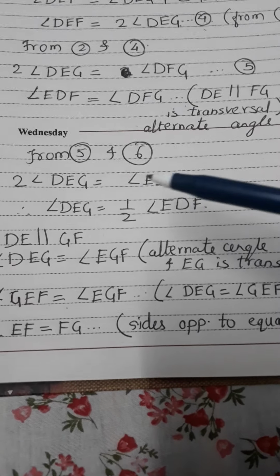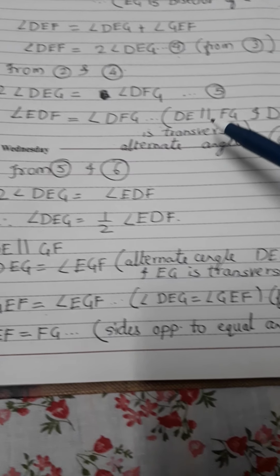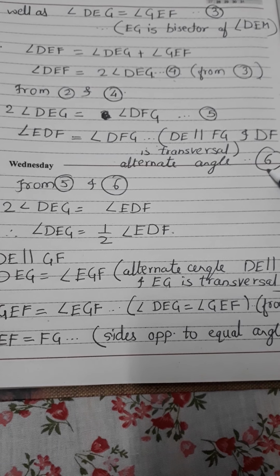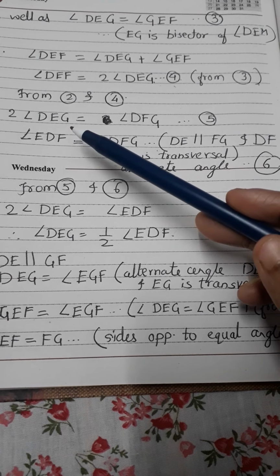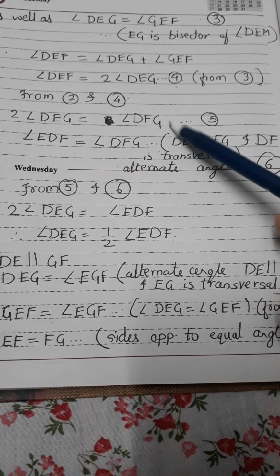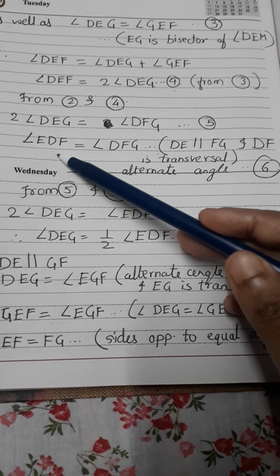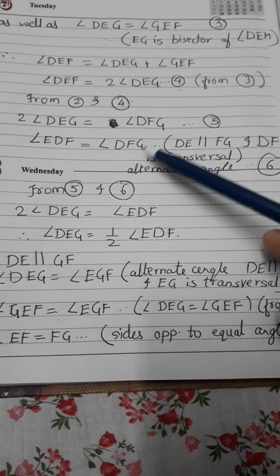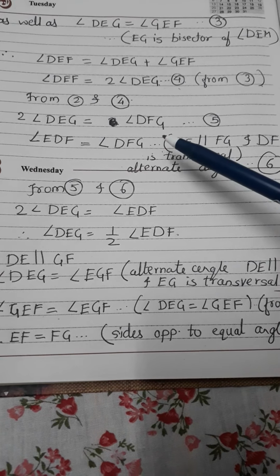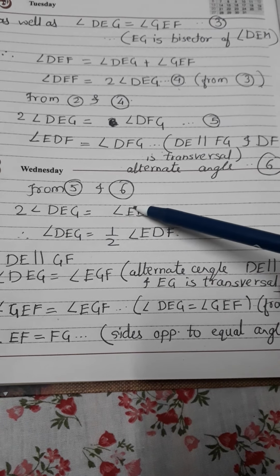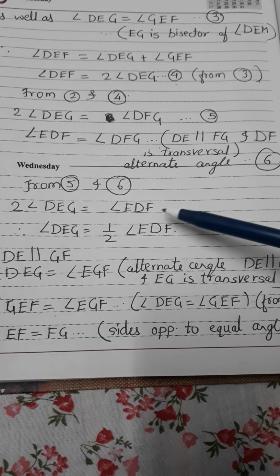Now we'll get our answer soon. From this fifth and sixth, this is my fifth statement and this is my sixth statement, what I can find: my fifth statement is twice angle DEG is equal to DFG, my sixth statement is EDF is equal to DFG. So from this, twice angle DEG is equal to angle EDF.